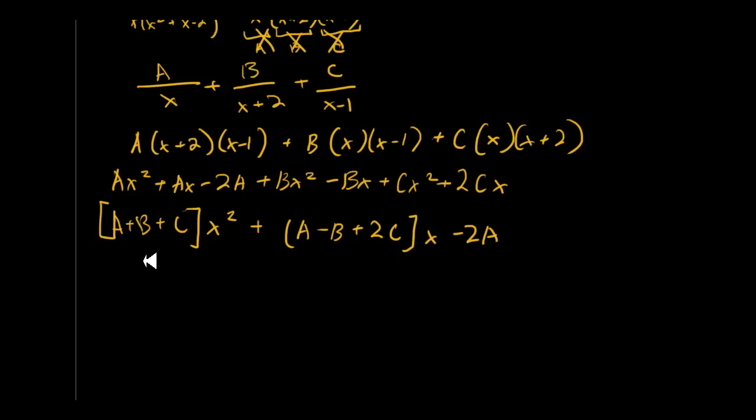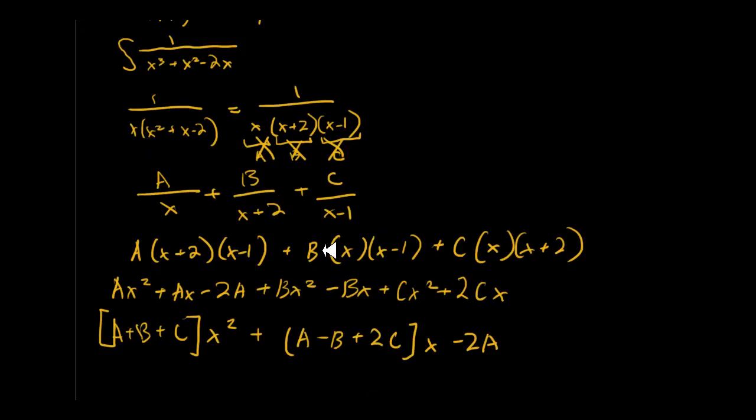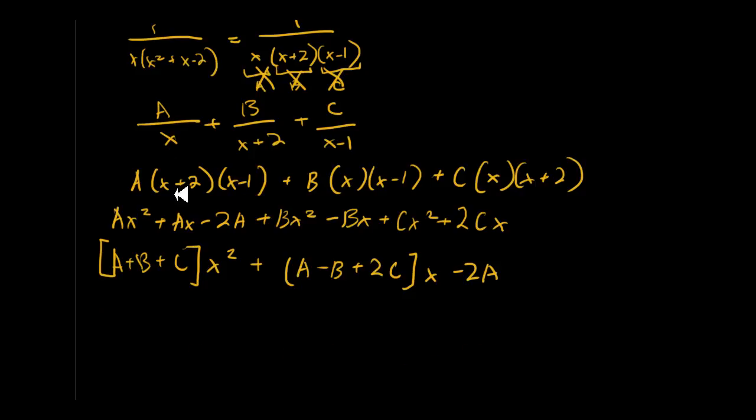Now looking back to the problem, on the numerator we only have a constant 1. There is no x squared, there is no x, so these will have to equal 0.